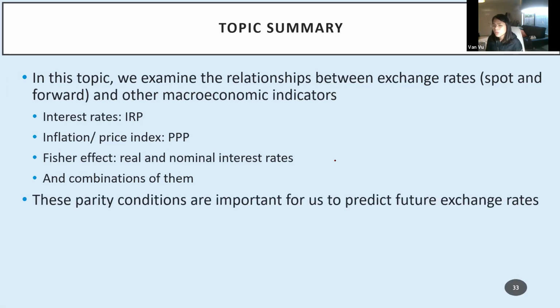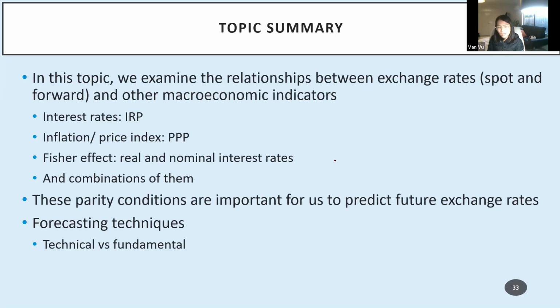The reason why we want to understand these parity conditions is that we want to use them to work out the implied value of the exchange rates. We also want to use them to predict future exchange rates. In the final part of the lecture, we looked at different forecasting techniques, for example technical and fundamental approaches.